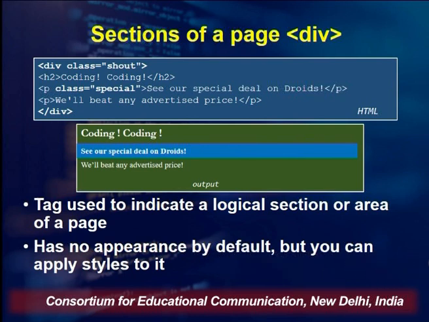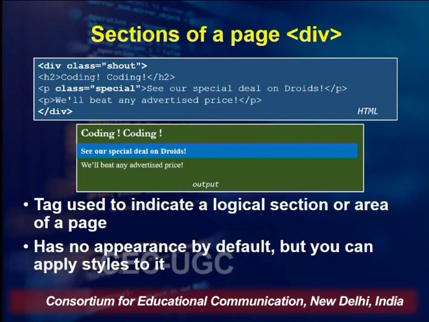So within one division you can have multiple classes also, right. For example, in this case we have division class is equal to shout, okay. So this means that the text should be in red color, because in the shout class we had defined the font color to be red. Then further in this division I have created a paragraph where I say class is equal to special.